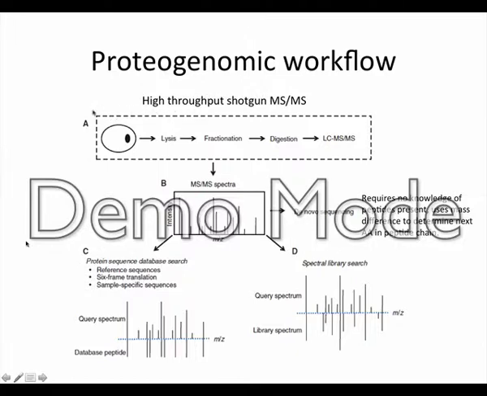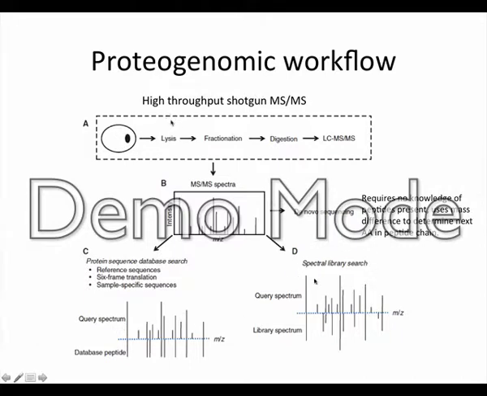And you can also do protein sequence database searches where you have a sequence database, so it's a FASTA protein or peptide database, and you essentially take your spectra and compare it to your database, and then you find matches based on that comparison.